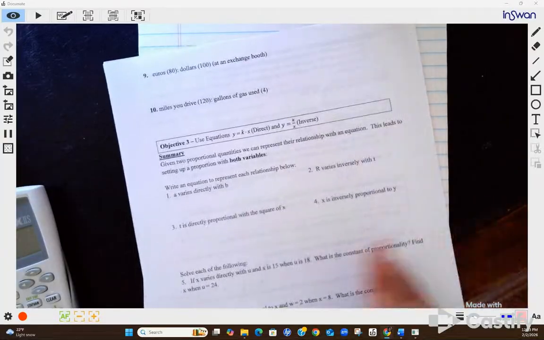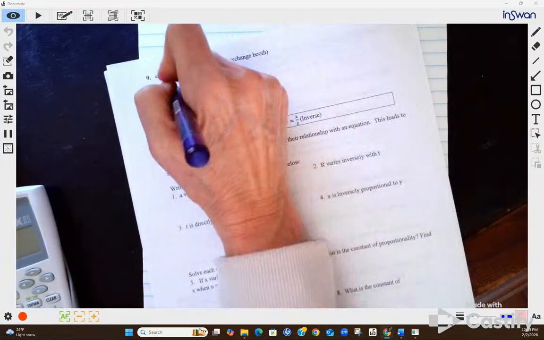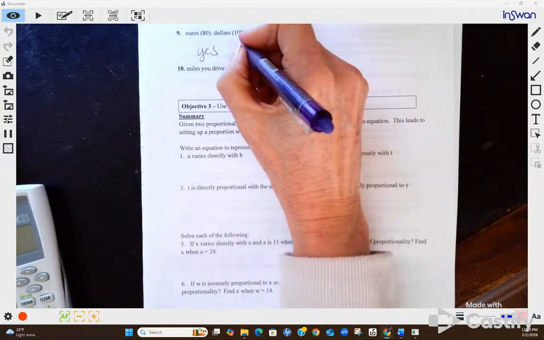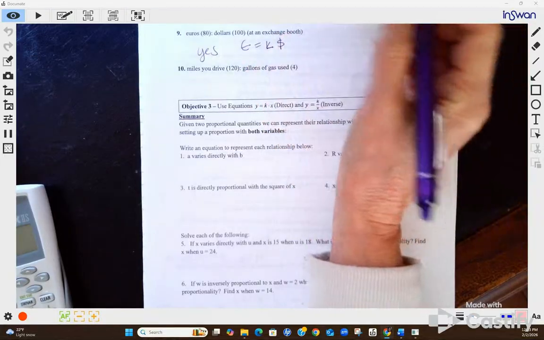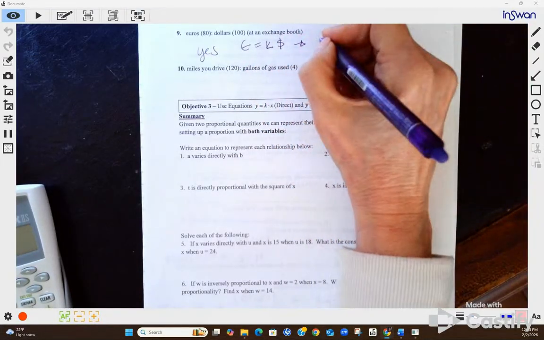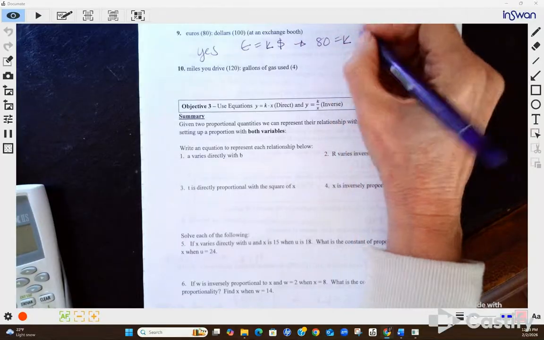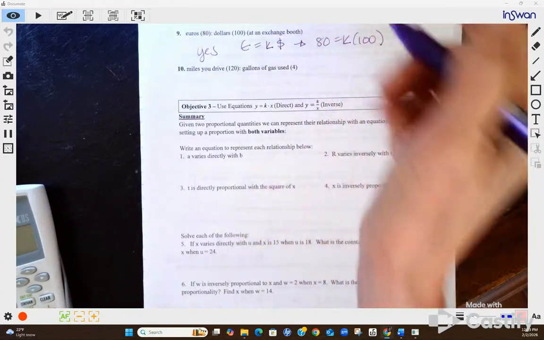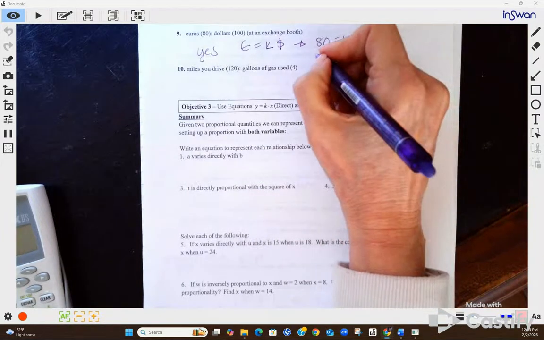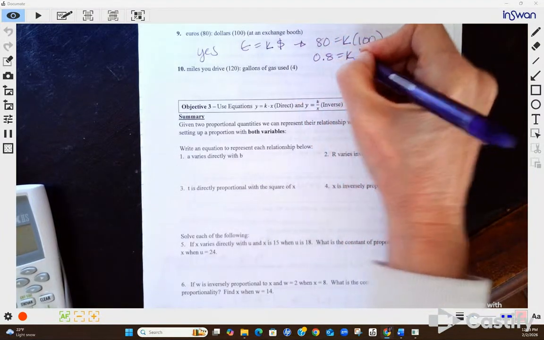Euros versus dollars. So we said yes, those were proportional using whatever the exchange rate was. So euros is proportional to dollars, and say 80 euros to $100. You would divide both sides by 100 and you would get 0.8 equals k.